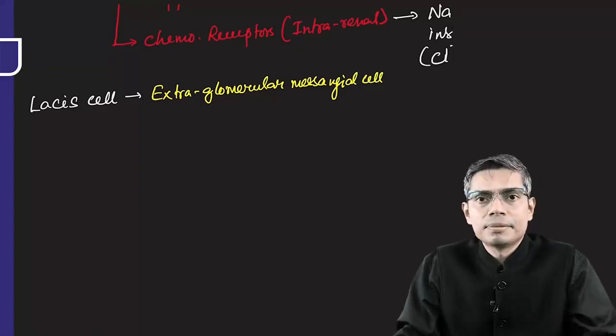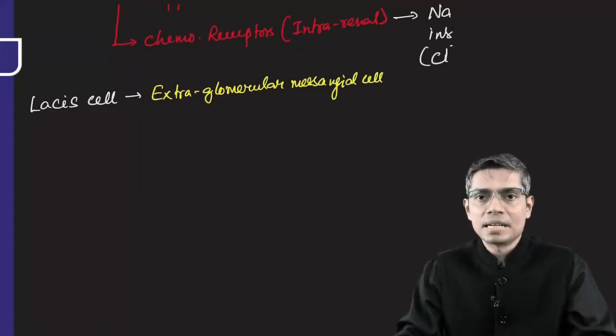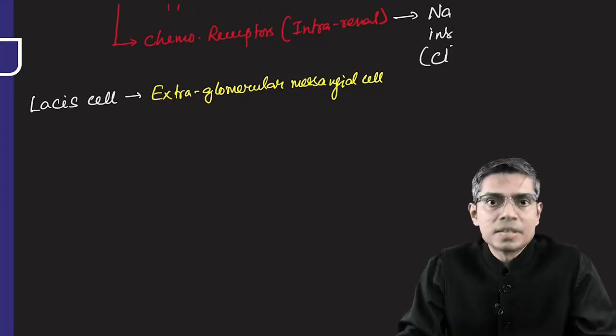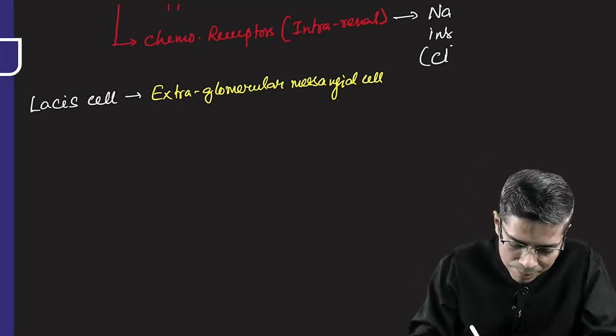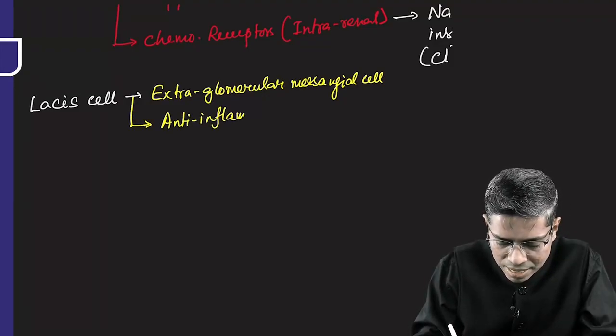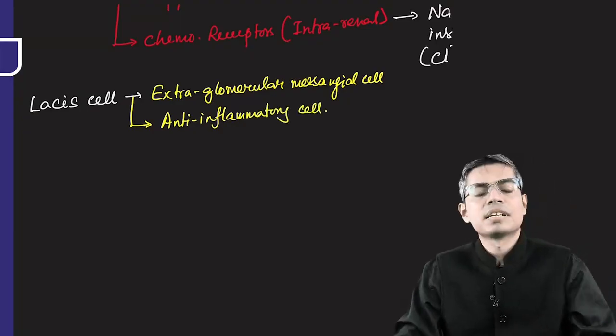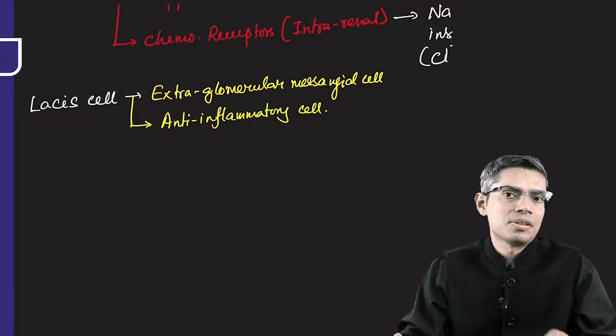The obvious question is what is the function of this cell and why is it in the JG apparatus? Why is it the third component of the JG apparatus? You will understand that a little later. For the time being, remember that the Lacis cell is anti-inflammatory. The Lacis cells, which are extraglomerular mesangial cells, are anti-inflammatory cells.